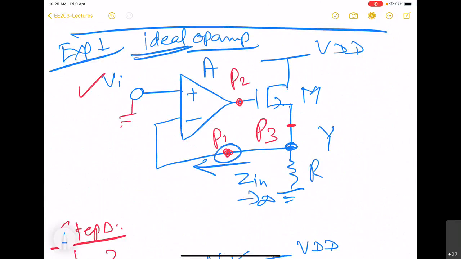Now if we try to do the same thing at P2, then also things will be okay. We won't have to do anything else, because looking into the gate of the MOS, the input impedance is infinite. So you can straightaway break here at P2 also and calculate the loop gain. But now let us try to break the loop at P3 and see what happens.